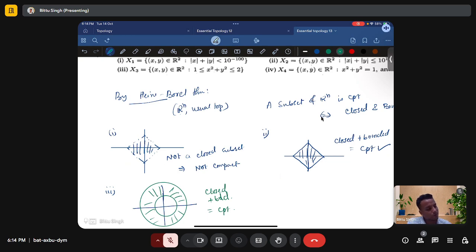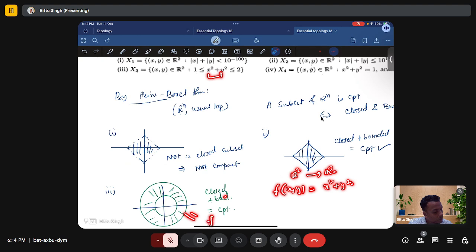For those kinds of problems, there is another way to see whether something is closed or not. If we consider the function f(x, y) equal to x square plus y square, this is a continuous function from R2 to R, and this domain is given by f inverse of the closed interval [1, 2], right?